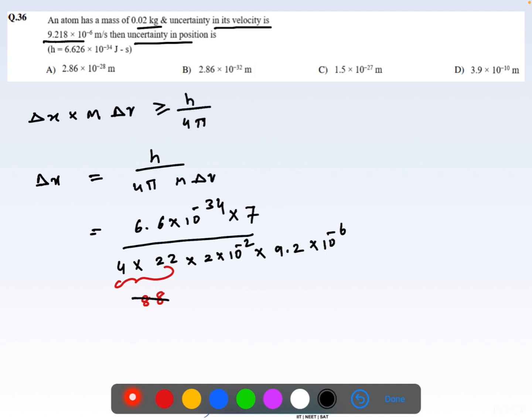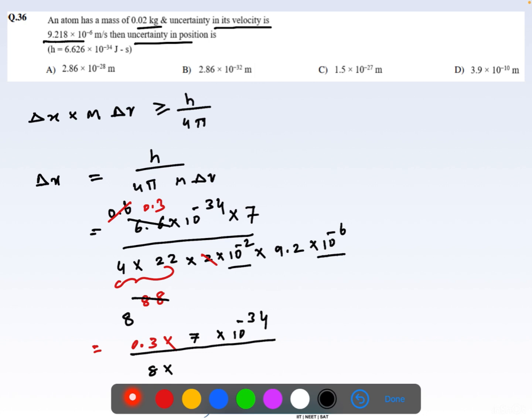So I get this 8 and this will be 0.6. Again this 2 will cancel 0.6 for 0.3. So here I have 0.3 into 7 into 10 to the power minus 34 divided by 8 into 10 to the power minus 2 into 10 to the power minus 6, that is 10 to the power minus 8. So that 9.2 into 10 to the power minus 8.